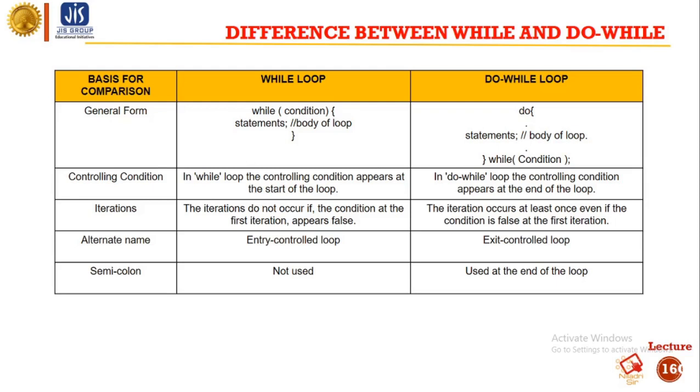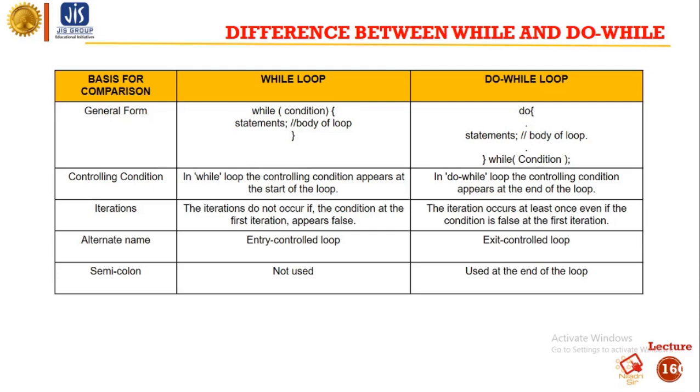The next point is the alternate name. While loop can also be called the entry control loop, and do while is called the exit control loop. While loop is called entry controlled loop because the condition is at the beginning.